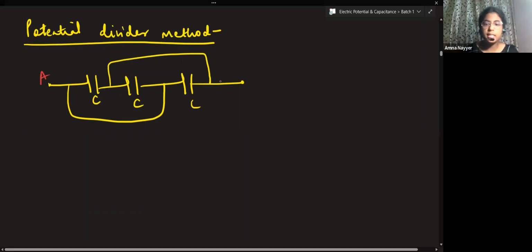This point is A, this point is B. VA is here. Branching does not affect your potential, your voltage. Voltage doesn't get divided if you have branching. It means VA is the potential here, and VA will be the potential here. In this wire also you have the potential as VA.